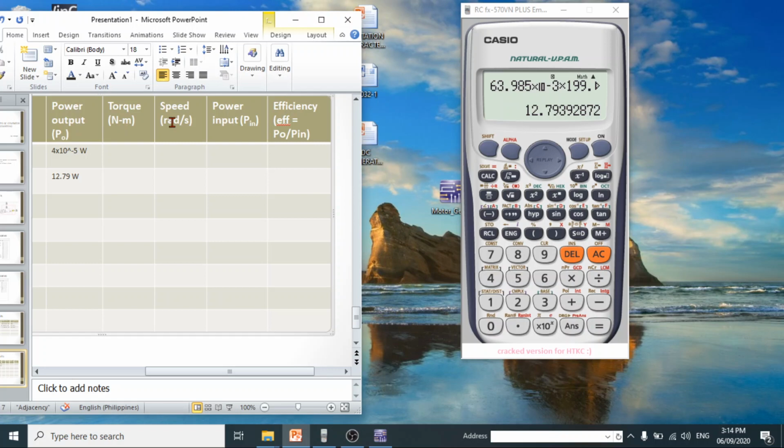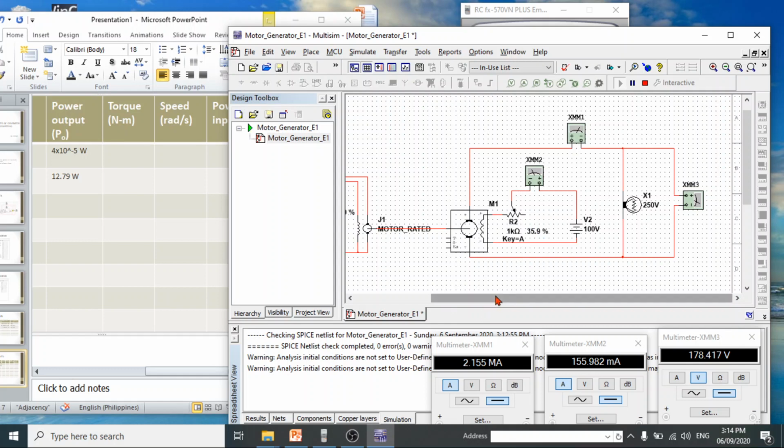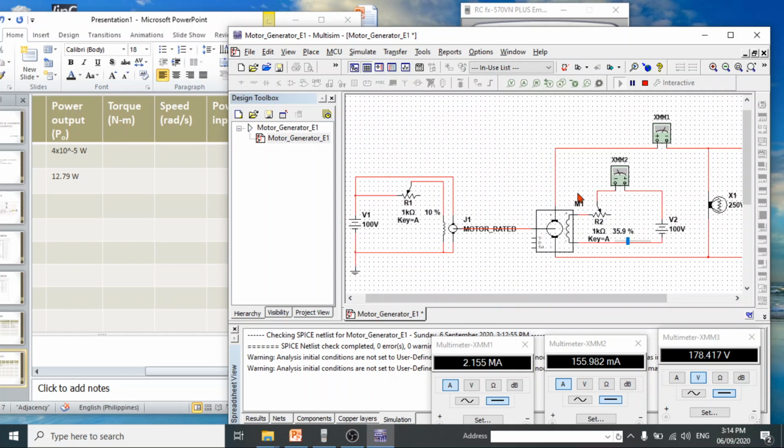Take note that the generator is a machine that converts mechanical into electrical energy. Meaning to say, the input of the generator is mechanical. If you look at this setup, the generator is being rotated by the shaft of the prime mover.